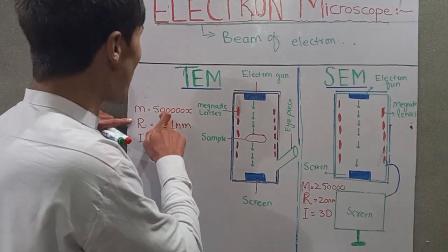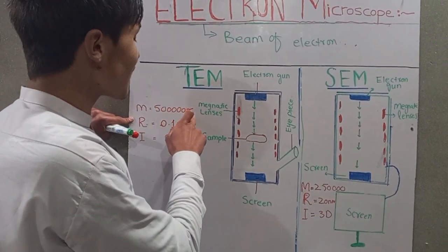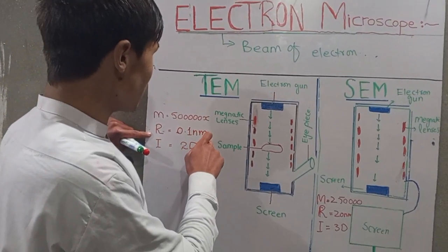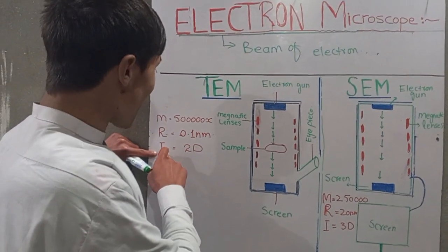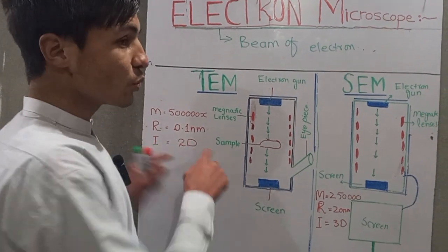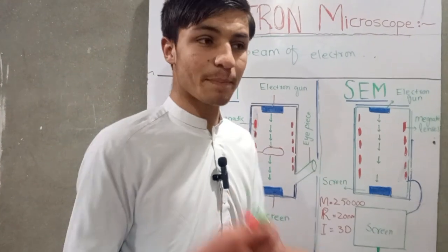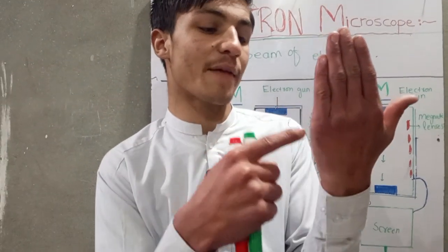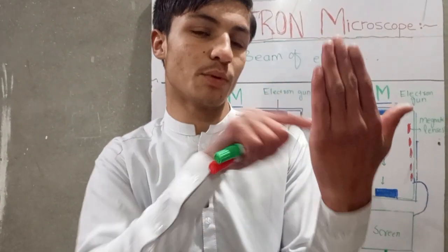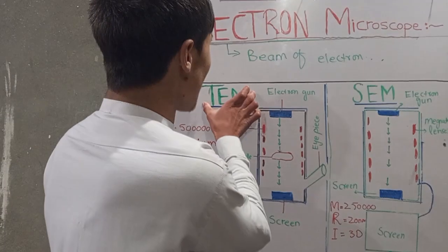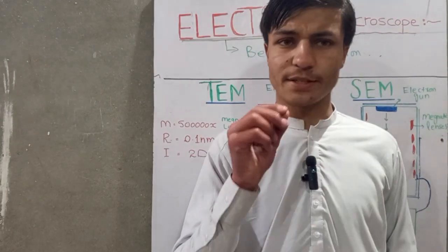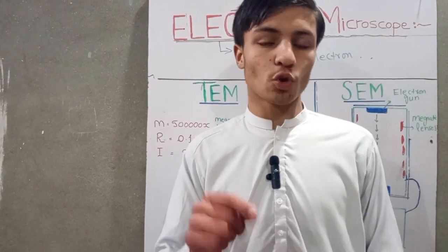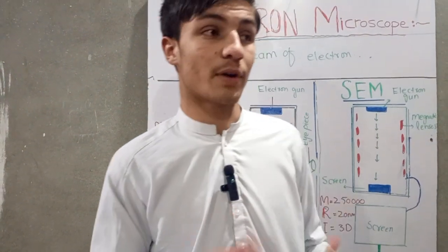Its magnification power is 50,000 times, its resolution is 0.1 nanometer, and its image dimension is two-dimensional. For example, an object that shows only this dimension and this dimension, but not the third. So it shows a two-dimensional object and the internal structure of the organism.